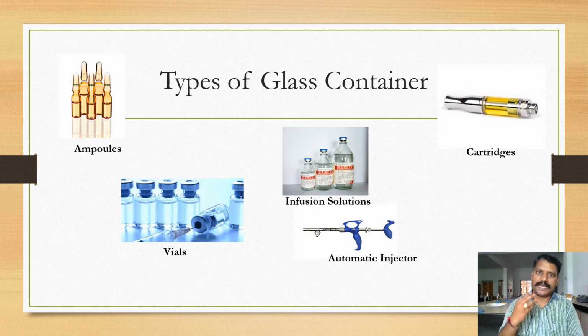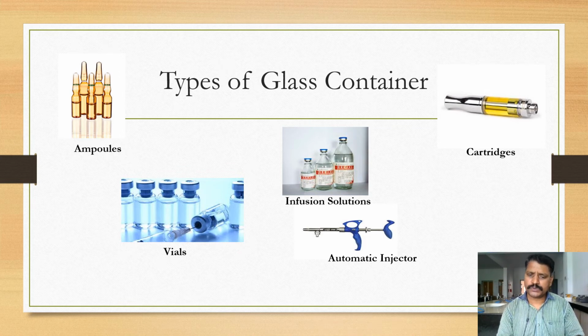Most of the antibiotics, most of the drugs are not stable. They are completely unstable in liquid form. So there is a need to formulate a lyophilized product or dry powder and then package it in vials. So for that particular product, the vial is a suitable container.